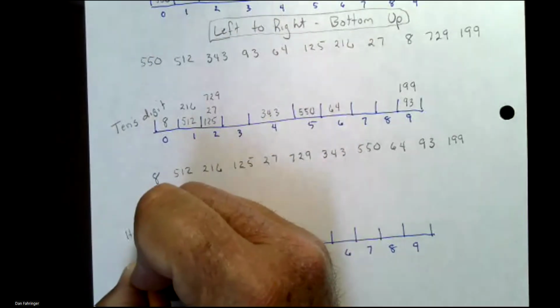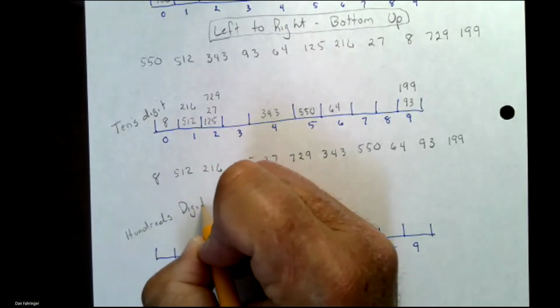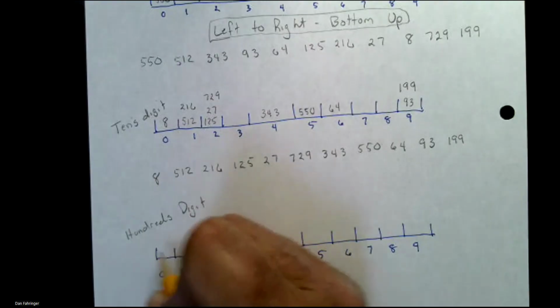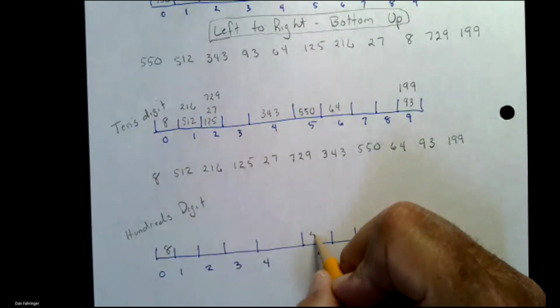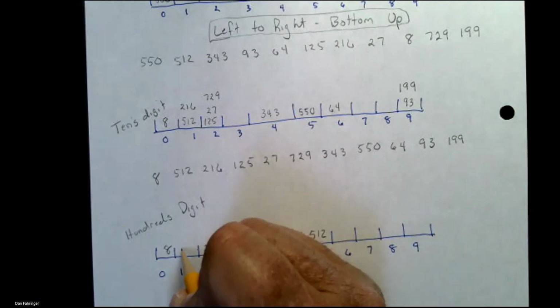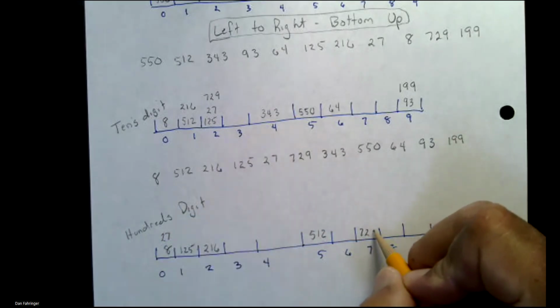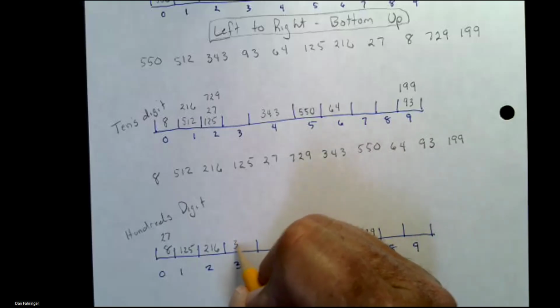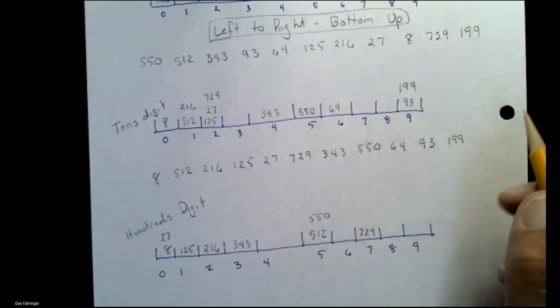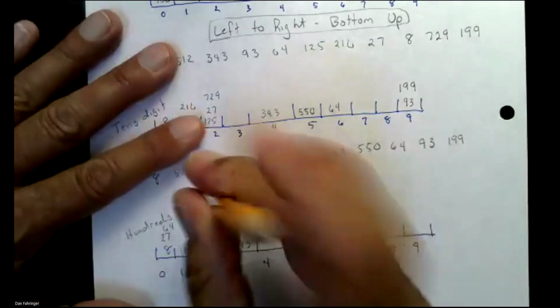Now we're going by the hundreds digit. 008, 512, 216, 125, 027, 729, 343, 550, zeros, oops, 64. Squeeze that in there.